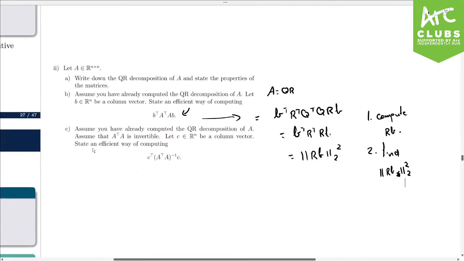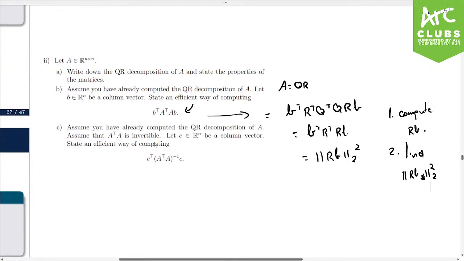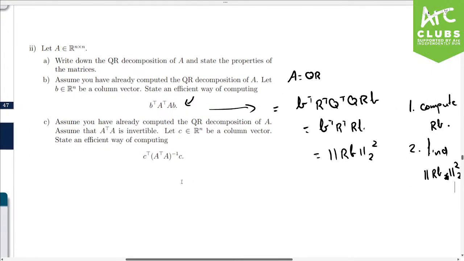Part C is quite similar, but now we want to work with the inverse of A transpose A. Again, it's the same idea, just replacing A with QR. So we have this is equal to this, and then the orthogonal matrices cancel out.